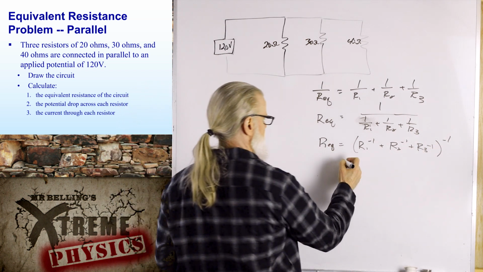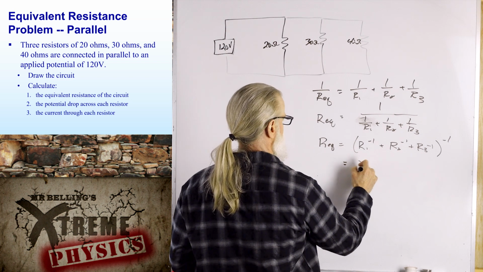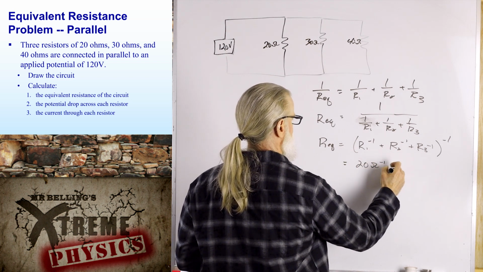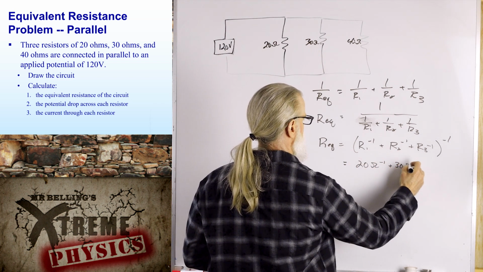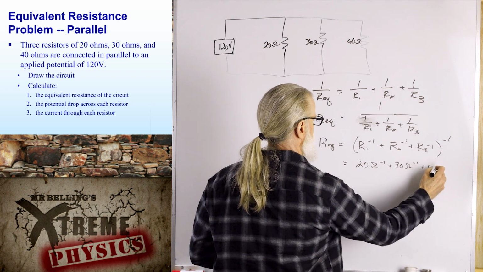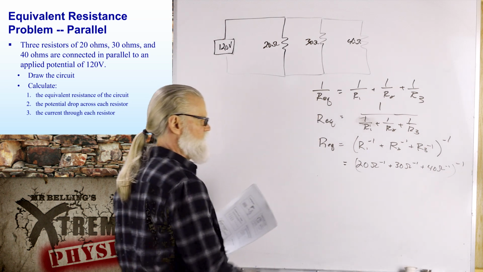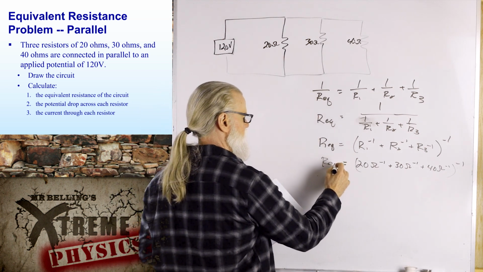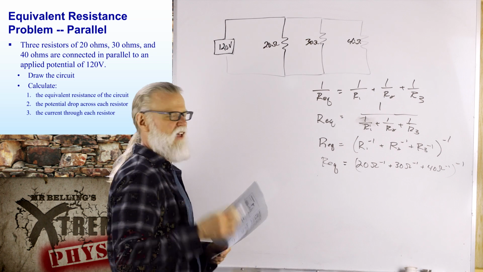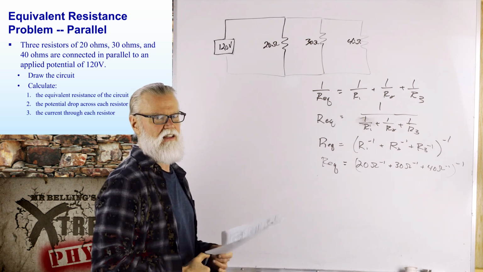So this is 20 ohms to the negative 1 plus 30 ohms to the negative 1 plus 40 ohms to the negative 1, all to the negative 1. That will be much easier in your calculator, and I'll show you how to do that on your TI calculators right now.